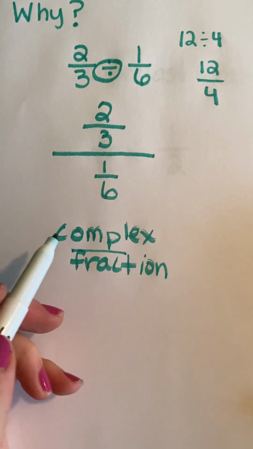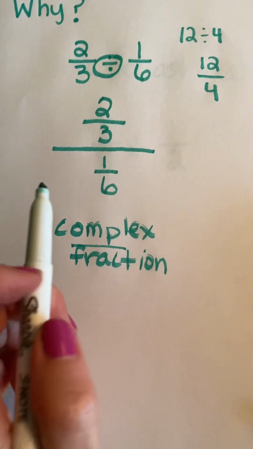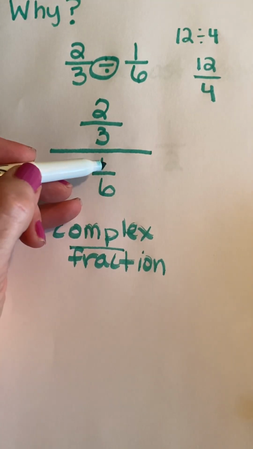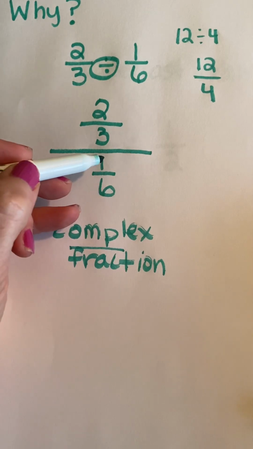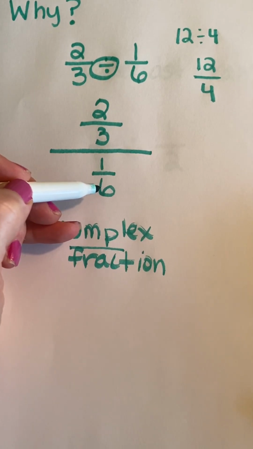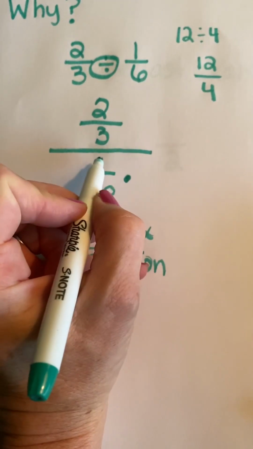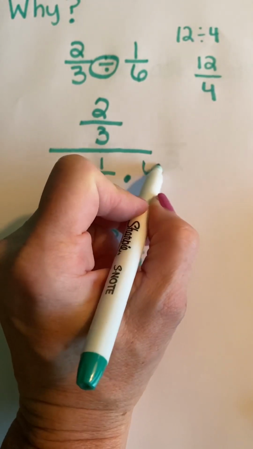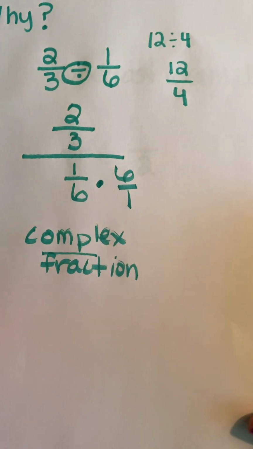Now, I'm trying to think of a way to get rid of all these fractions. Well, let's look at the denominator here, 1 over 6. I know the easiest way to turn 1 over 6 into just 1 is to multiply by the reciprocal. If you take 1 over 6 times its reciprocal, 6 over 1, do you remember what we get?